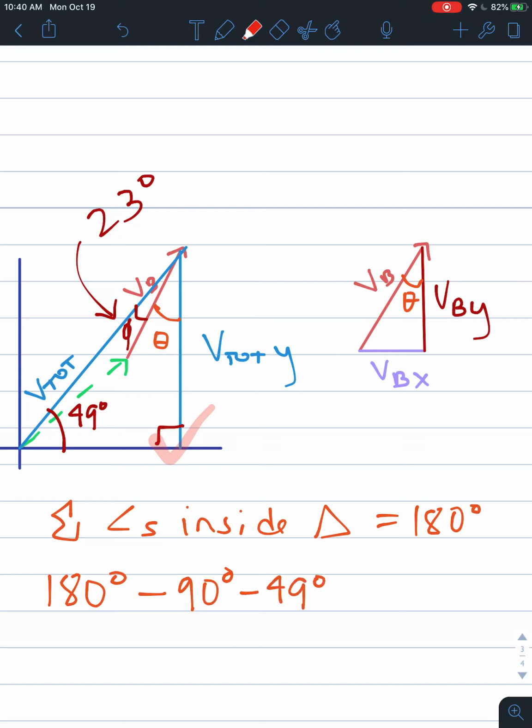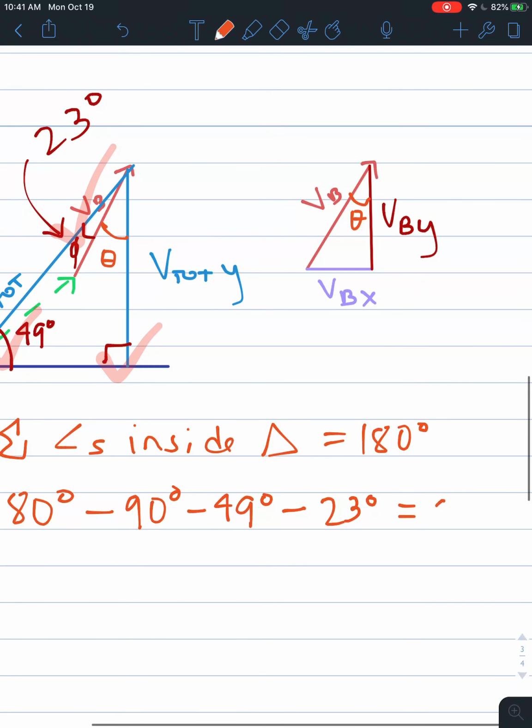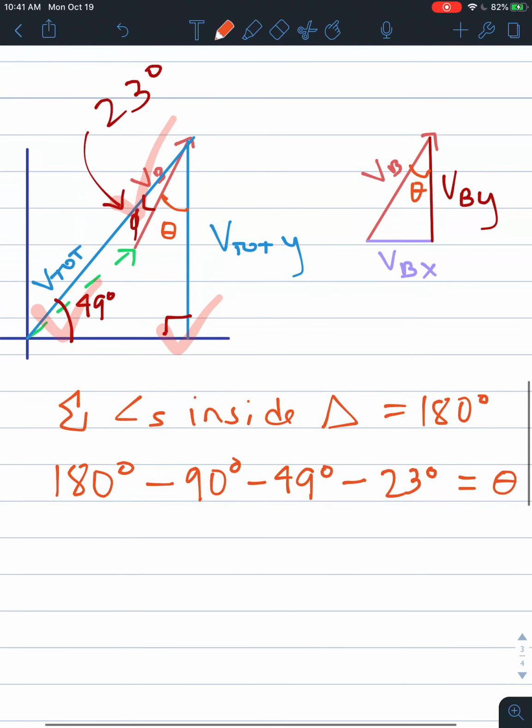Minus 49 degrees, which is this angle here. I'm going to check that one off. Minus 23 degrees, because that's that angle up there. All of this is equal to our theta. So if I plug all of that in, I'd get 18 degrees as our angle theta here.